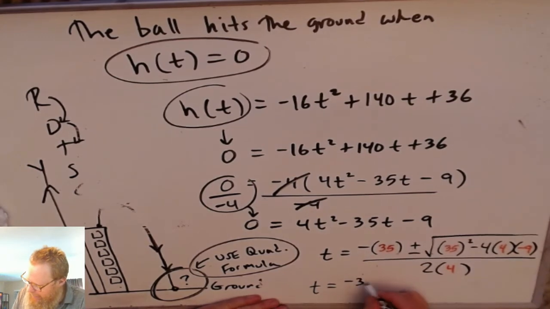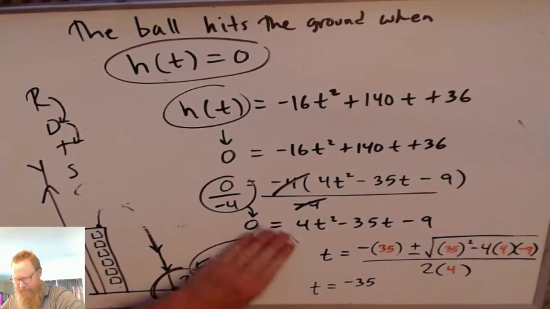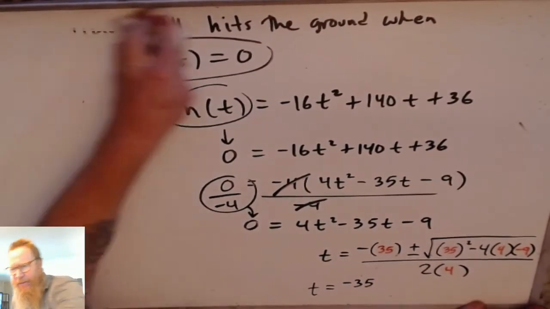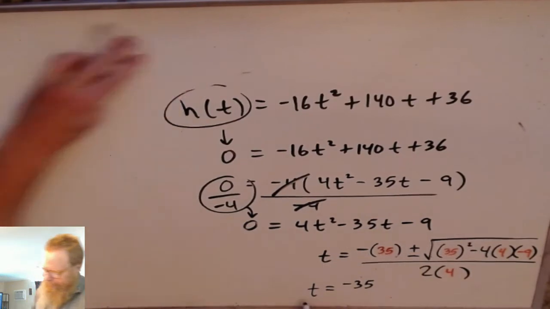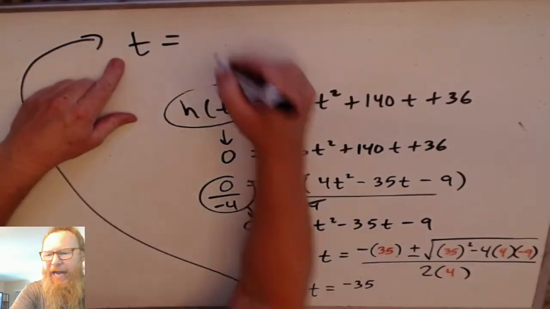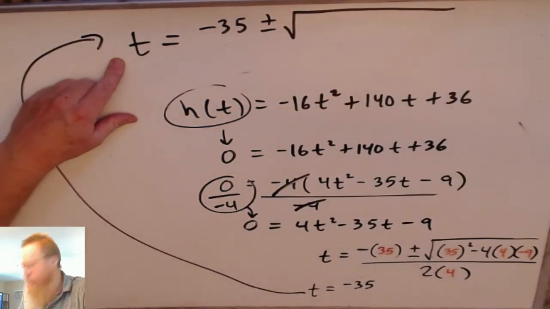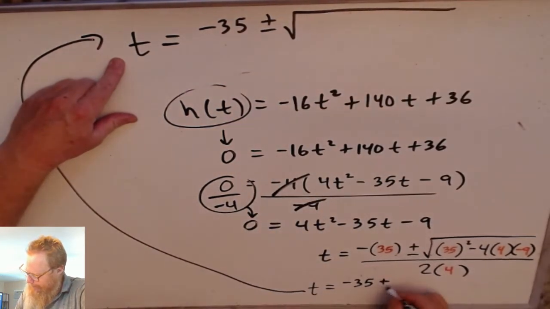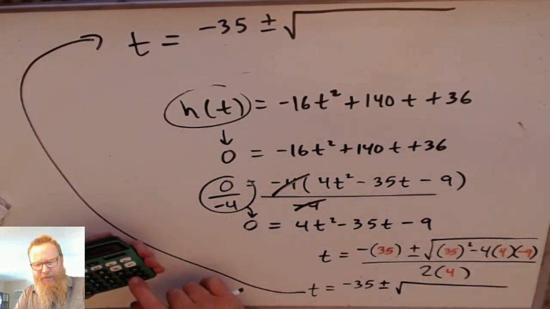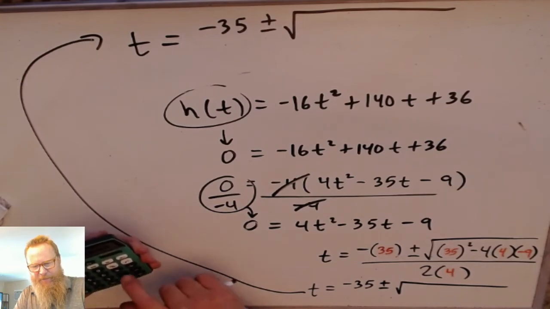So I'm going to get -35. I'm just going to come up here because I already know I'm not going to have enough room. So it's -35 plus or minus the square root of 35 times 35.